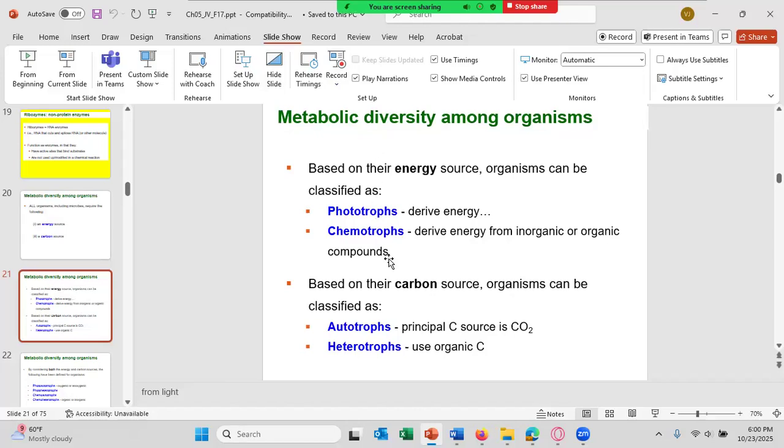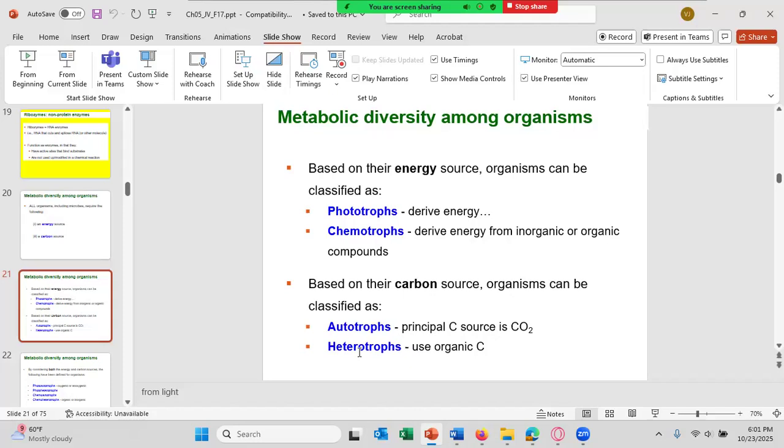You can also classify an organism based upon where it gets its carbon from. Organisms are classified as an autotroph if they get their carbon source from CO2, either dissolved in the air or in water. And then the other classification of an organism is a heterotroph.